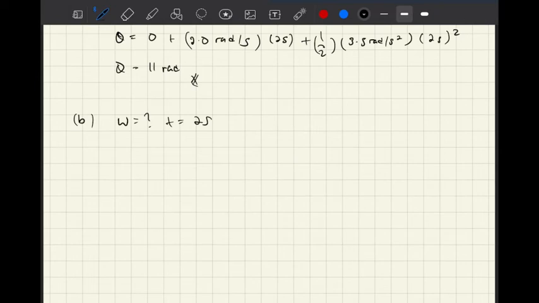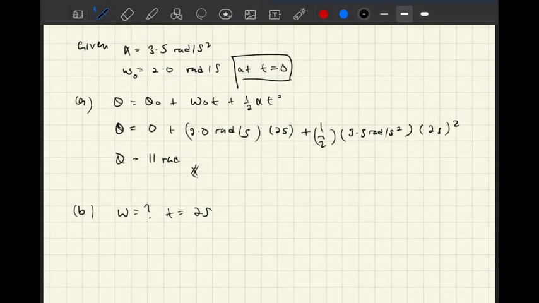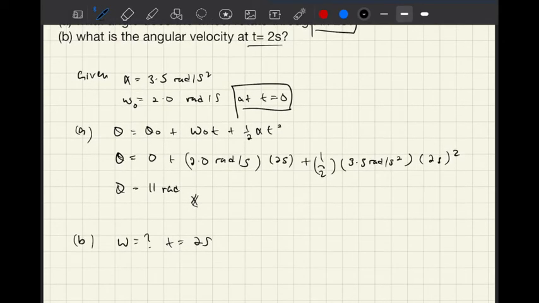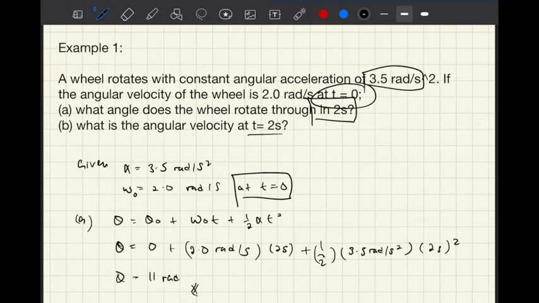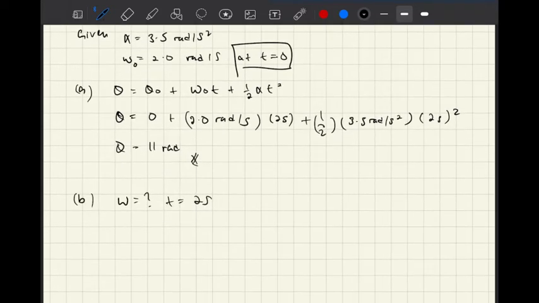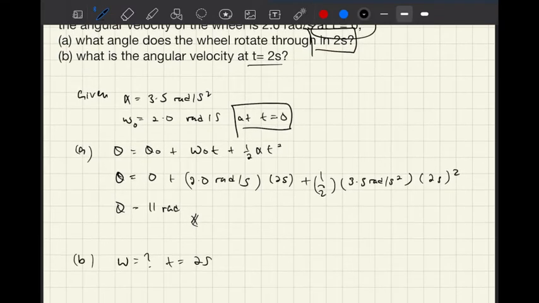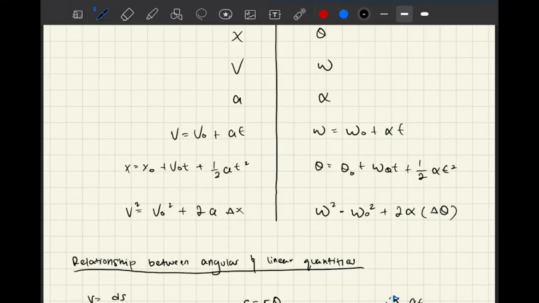We identify all the parameters that we know so far: the initial velocity omega naught is 2.0 radian per second, the angular acceleration is 3.5 radian per second squared, and the time is 2 seconds. All right, so I think the most sensible equation to pick will be the first one.